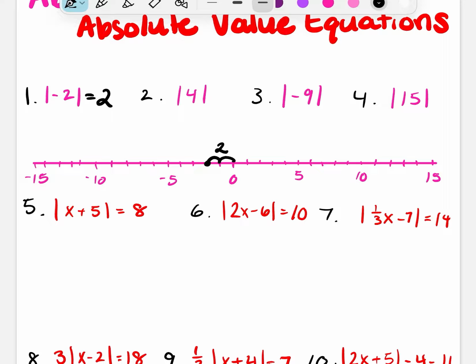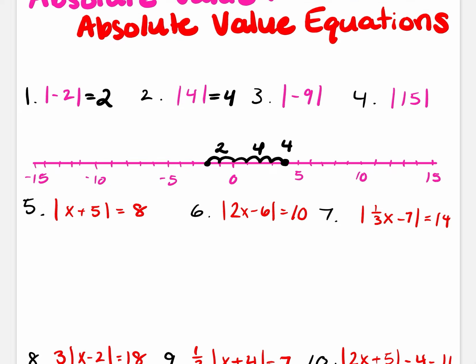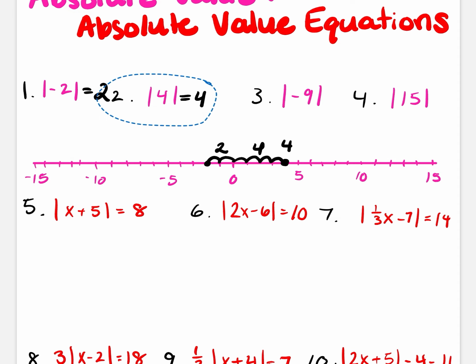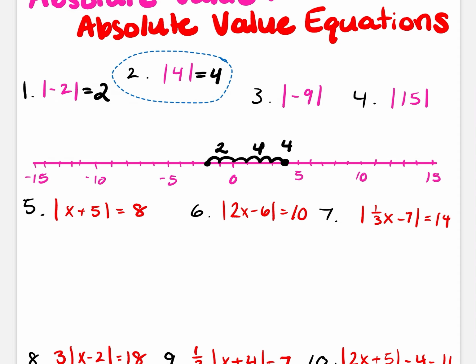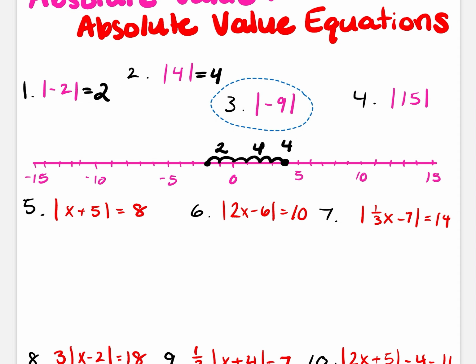The absolute value of 4, so how far is 4 away from 0? 1, 2, 3, 4 units away. I don't really need to move that one, but go up and down here, make a little bit of room.